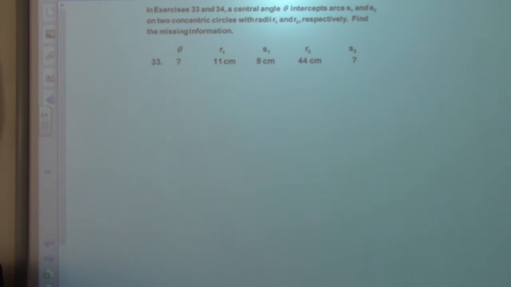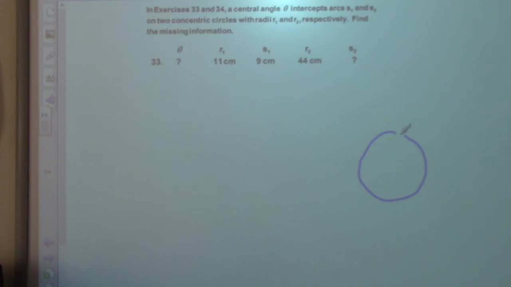So basically, angle theta intercepts arcs s1 and s2 on two concentric circles with radii r1 and r2 respectively. Find the missing information. What I do for this one is I find it helpful to draw a little diagram. So the two concentric circles: first, I'm going to put this one here in blue.